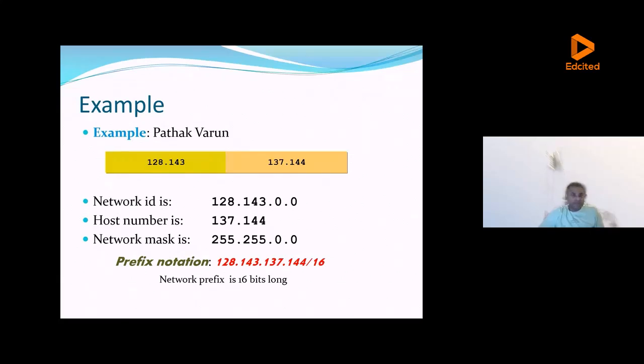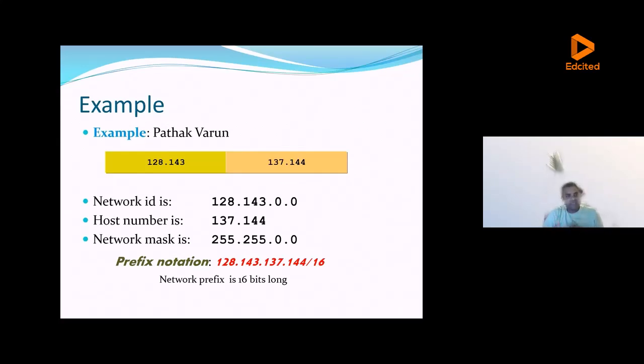Why do we require this, why do we need to know that they are part of the same network or a different network? There is a reason behind that. For example, there are two devices. One has one IP, the other has another IP. You get to know their network part is the same, their family name is the same.